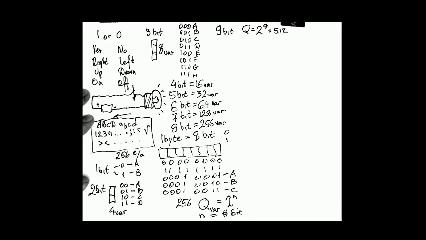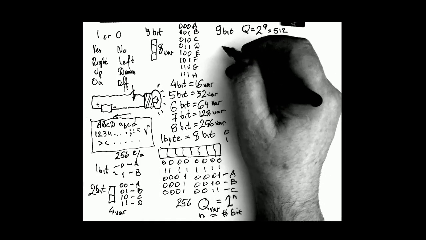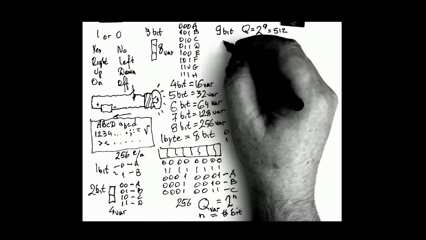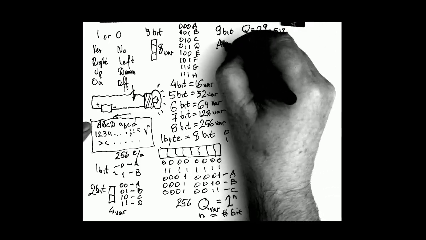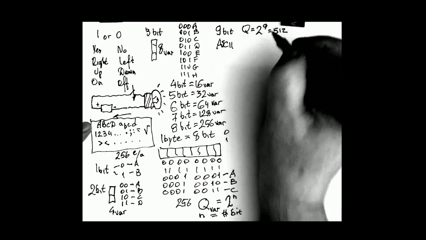512 variations. Folks, this code table that represents all English language, basically a language based on English in binary code, is standard in the United States and actually standard in the entire world, and named ASCII code.